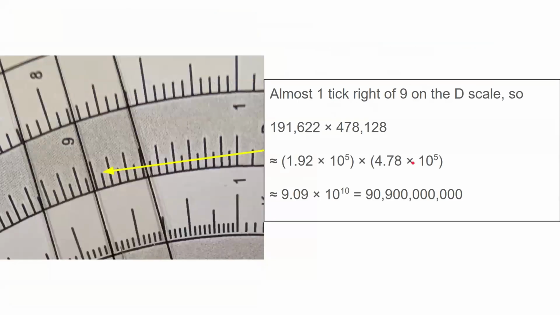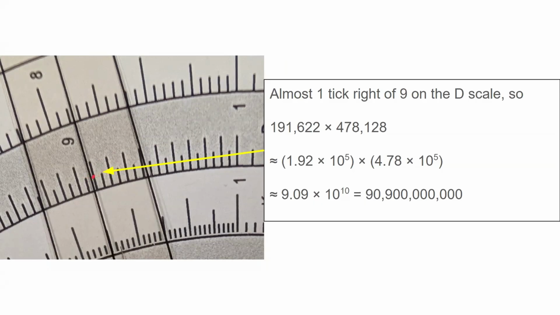And on my last problem, now here's the 9. So I'm almost one tick to the right of the 9. And these each represent 0.1. So 9.1, 2, 3, 4, 5, 6, 7, 8, 9, and then back to the 1. So this is going to be 9.09 something.